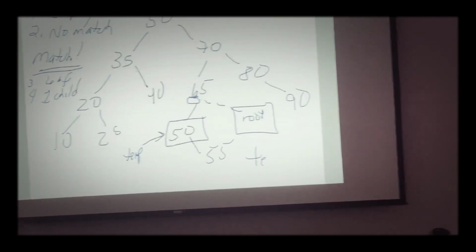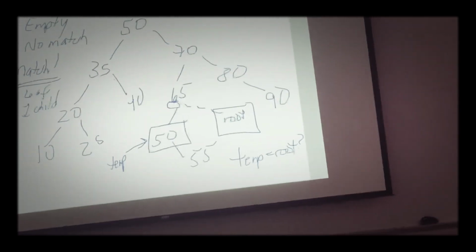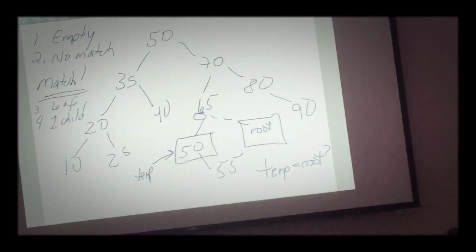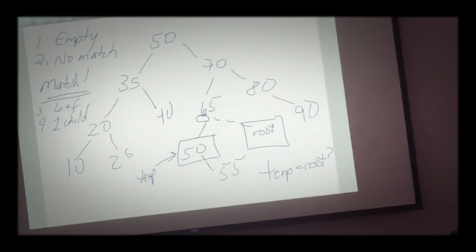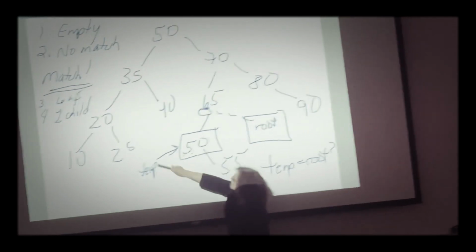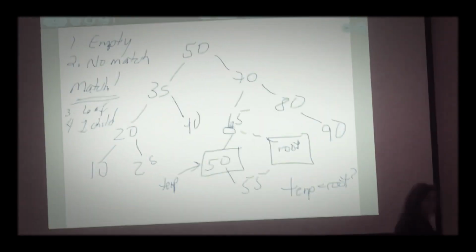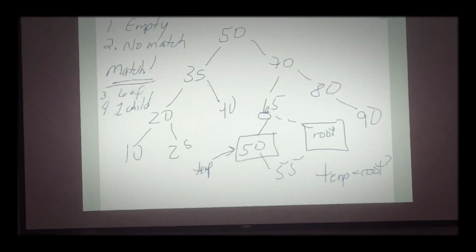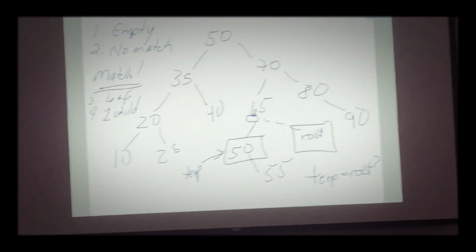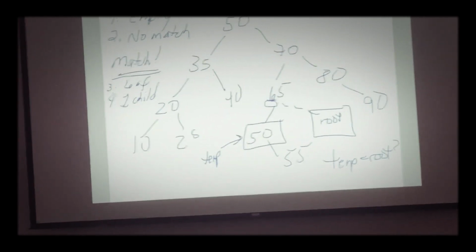Right? Can I do that? Can I say temp gets the value root? And root is a pointer to 50. That's why I put my temp as a pointer to 50. Update root. Root gets the value root arrow. Right.